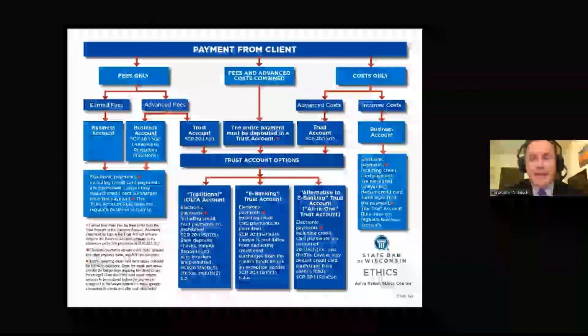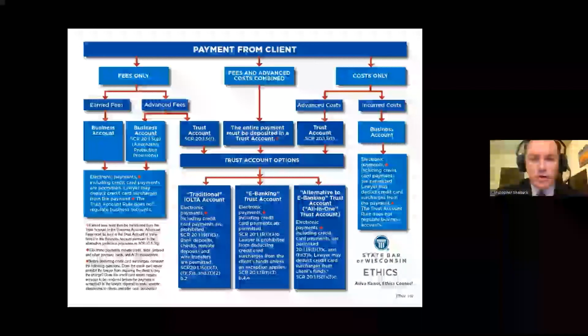And then if the payment is in the form of an electronic transaction that is not subject to an exception, then the lawyer or law firm must use either the e-banking trust account, the alternative to the e-banking, or the all-in-one trust account, and then transfer appropriately as those fees are earned. So thank you again for providing an overview of that chart.